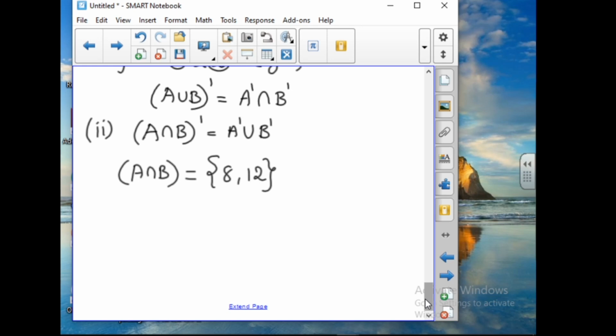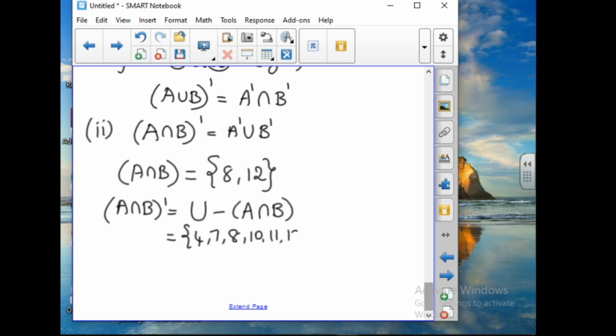Then A intersection B whole dash is equal to, from the universal set you have to eliminate the set A intersection B. So in the universal set what do you get? 4, 7, 8, 10, 11, 12, 15 and 16.